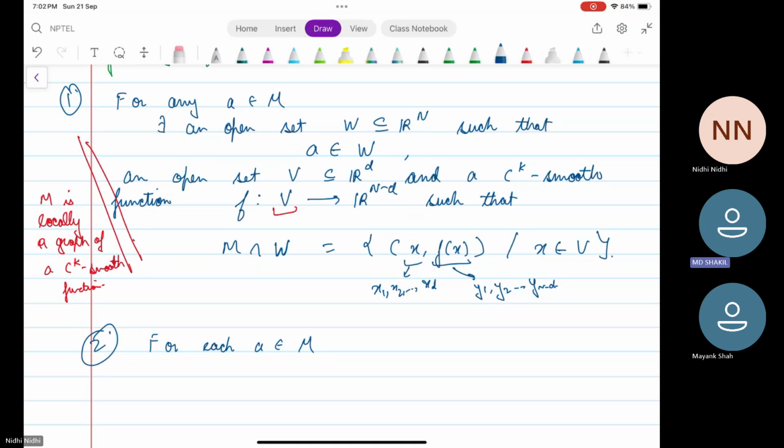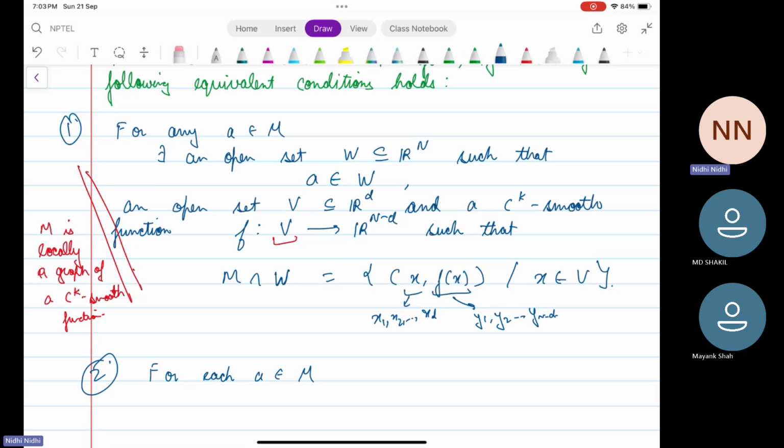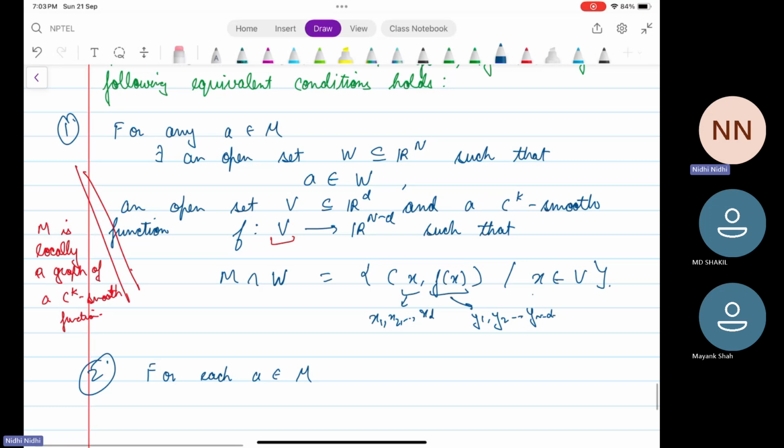So can any coordinate x from Rd be outside M intersection W? If M is a manifold, then we can find such a function F and these sets V and W such that whenever we take this x in V, this (x, f(x)) should be in M intersection W. So it is the definition.